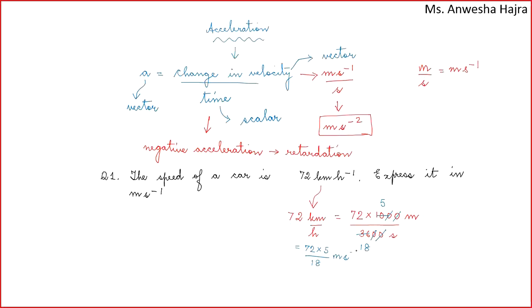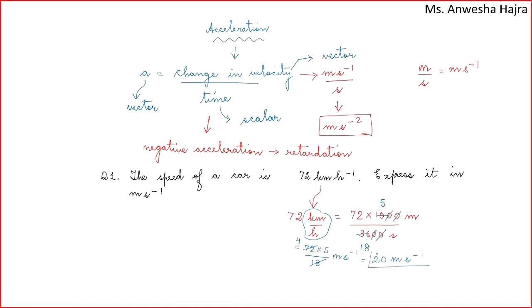So when you want to convert kilometer per hour to meter per second, you can simply multiply with 5 by 18. So this is 18 4s, isn't it? 18 4s are 72, 4 5s are 20. So it is 20 meter per second.